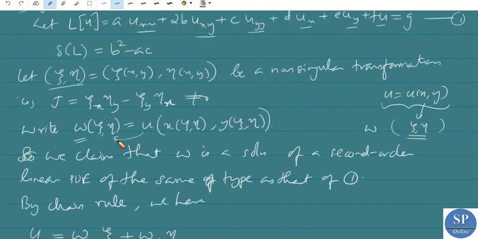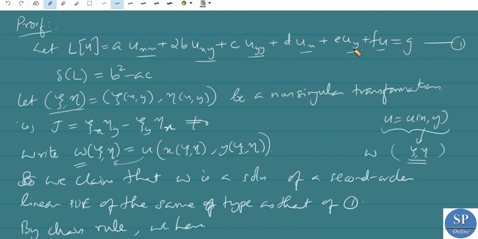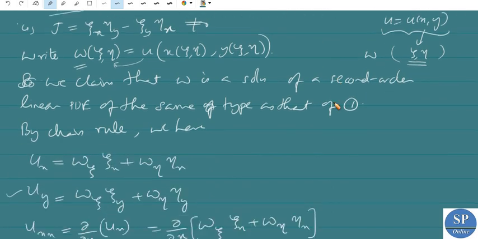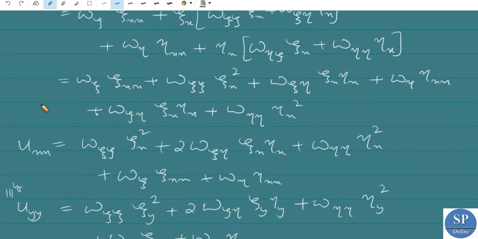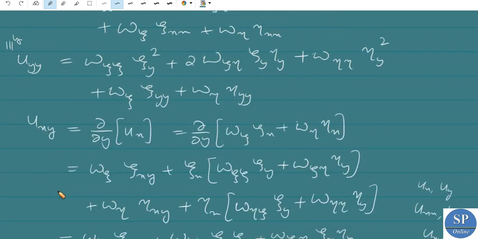Now we have to replace these partial derivatives ux, uy, uxx, uxy and uyy in this equation to get a differential equation in zeta and eta, with zeta and eta as independent variables. So replacing this is ux and this is uy, this is uxx, uyy is this, and uxy.